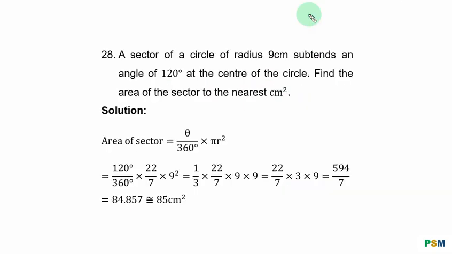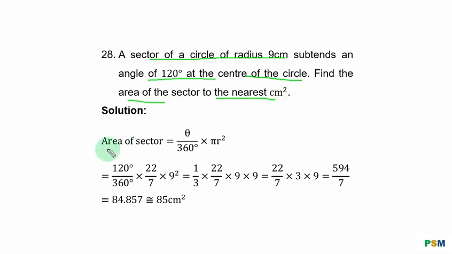Example 28. A sector of a circle of radius 9 cm subtends an angle of 120 degrees at the center of the circle. Find the area of the sector to the nearest square centimeter.